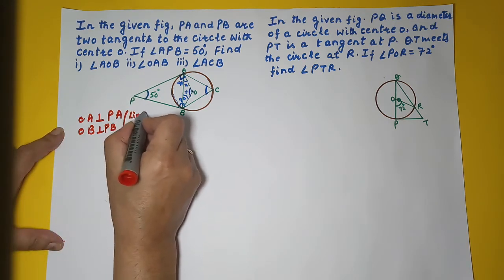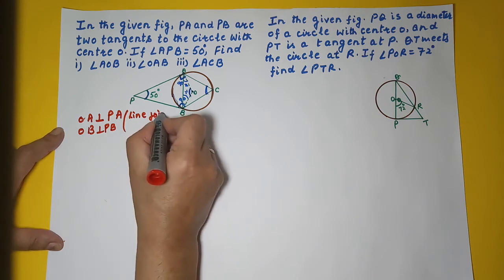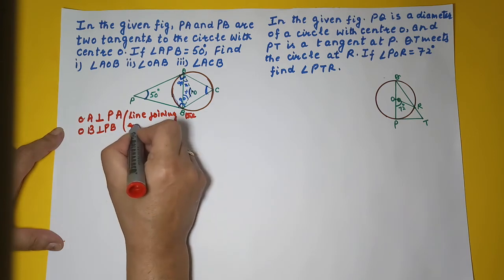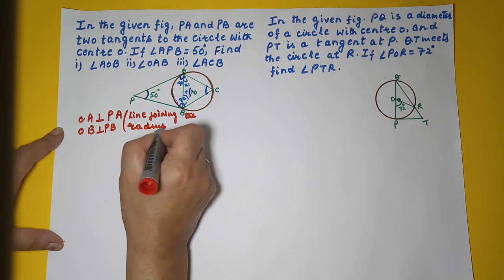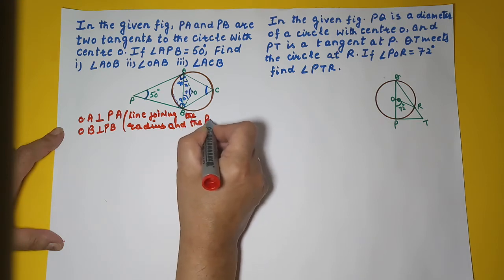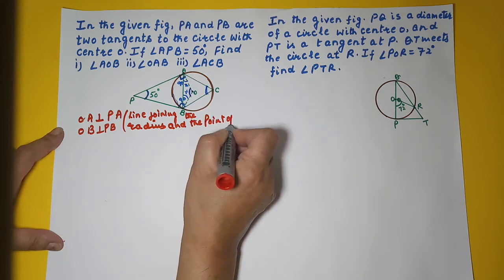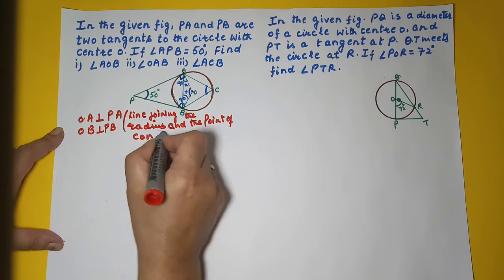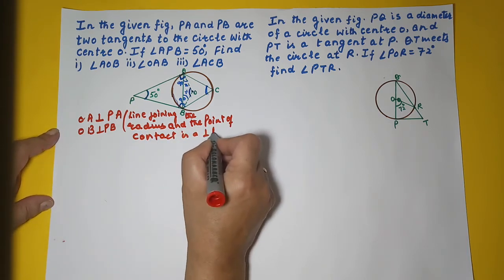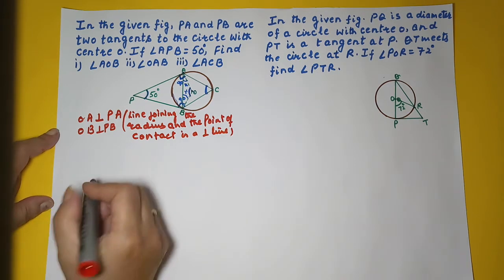Line joining the radius and the point of contact is a perpendicular line, right?